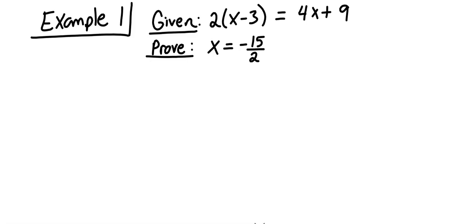All right, so they give us this equation up here on the top, and they're asking us to prove that x is equal to negative 15 over 2. So this is not going to be unfamiliar to you guys. You've seen this. It's just that I'm setting it up a little bit differently. So let's start by writing this out. And yes, write it again. That's part of what we call a proof, is you start by writing what's given.